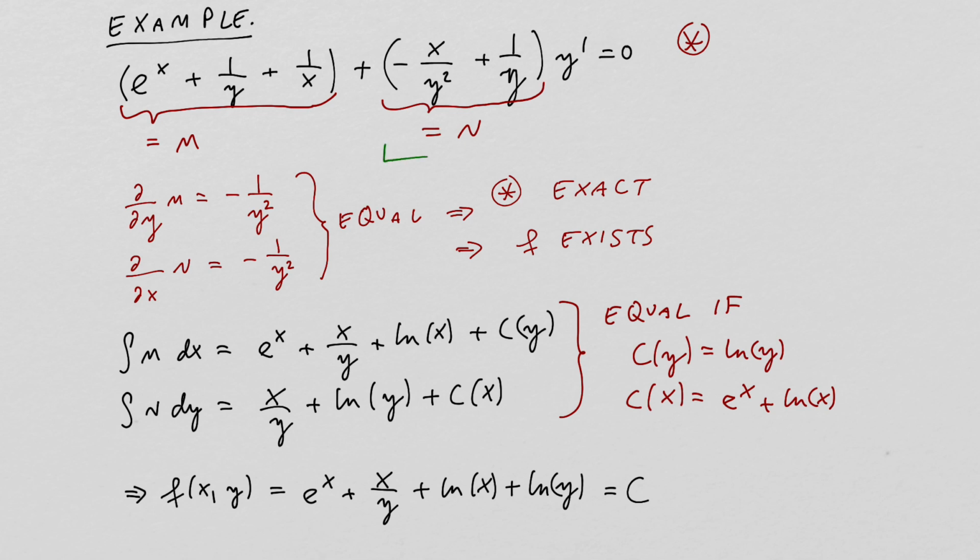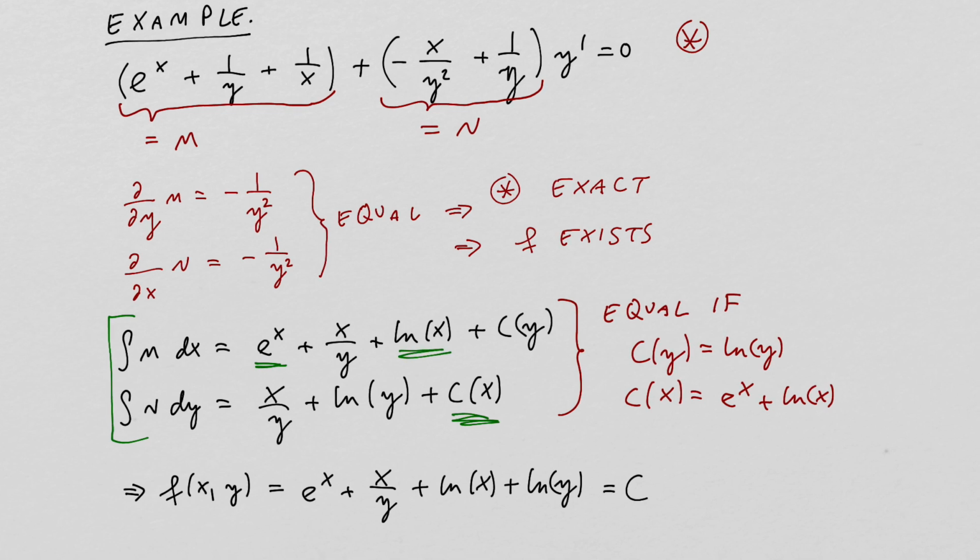Let's then integrate n with respect to y. The first term would give x over y, and the second term would give the natural logarithm of y. And we would have an integration constant which depends on x. When are these two expressions equal? Well, we must have that the thing that depends only on x in the second equation is equal to e to power x plus natural logarithm of x.